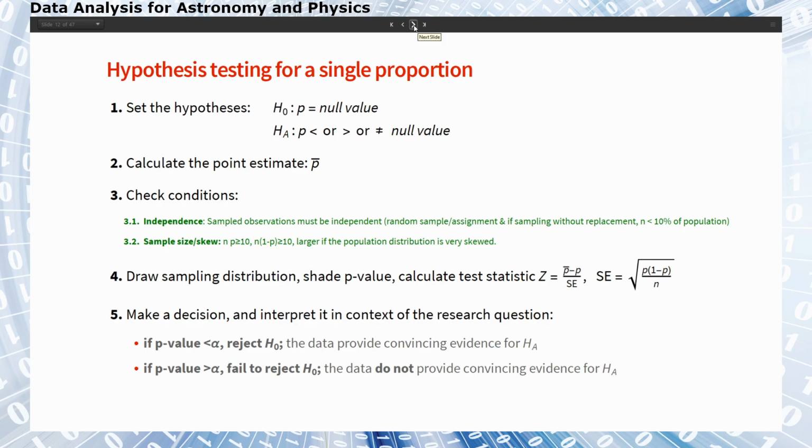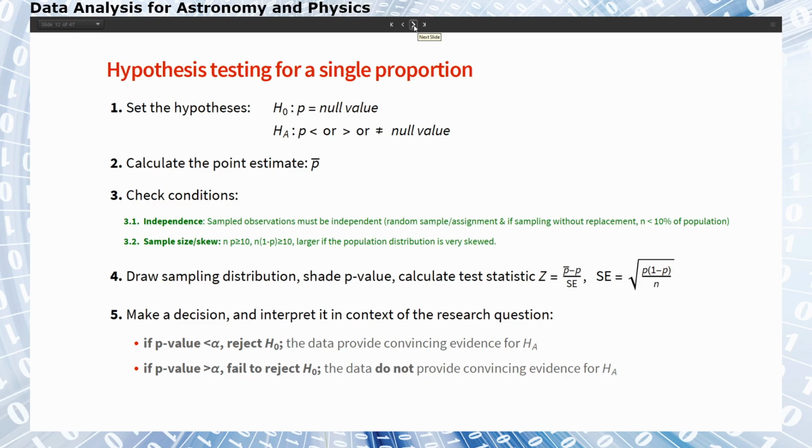And we can now look at how to adapt our framework for hypothesis testing when we do it on a single proportion. Again, we set up the hypotheses. H0 means that our population proportion is the null value.